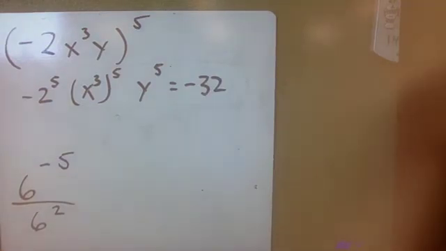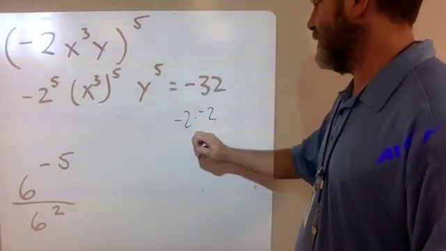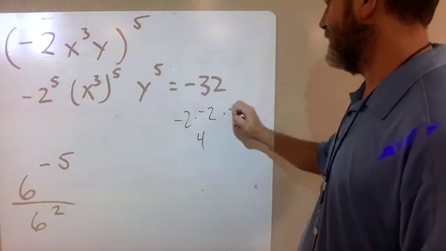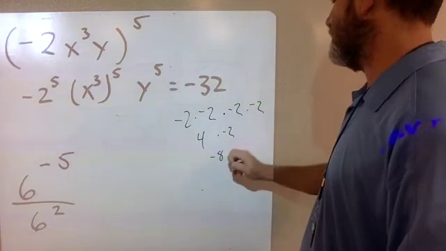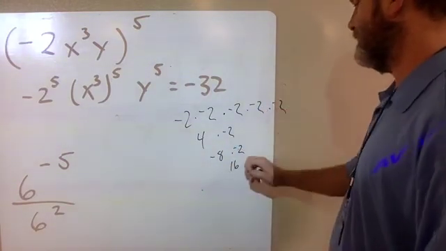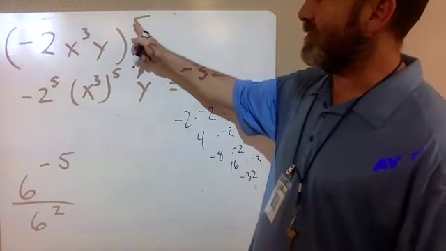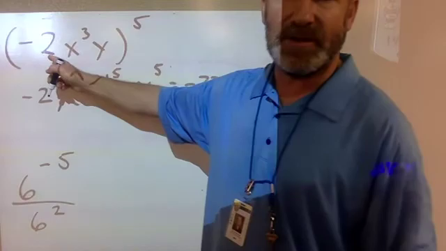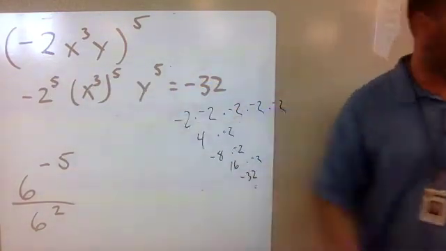Why is that negative? Because a negative times a negative is a positive, and then you multiply that by a third negative, and it flips you back to negative. Multiply by a fourth negative, flips you back to positive, and then the 5th negative flips you back to negative. So basically, if you have an odd number of negatives, your answer is going to be negative, because that odd negative flips you back to negative. So we get negative 32.